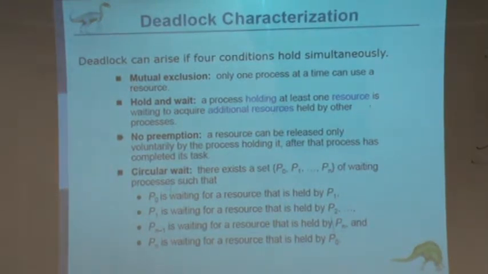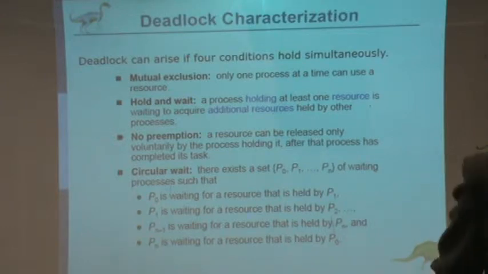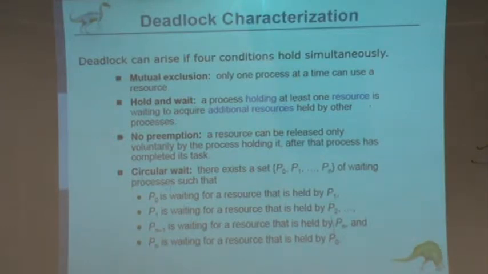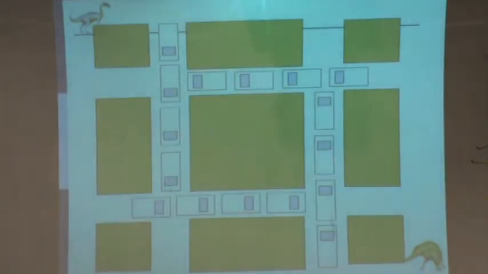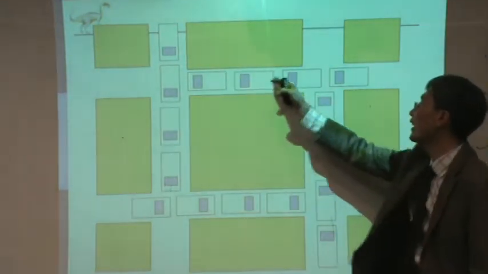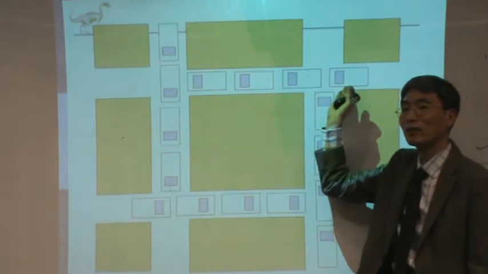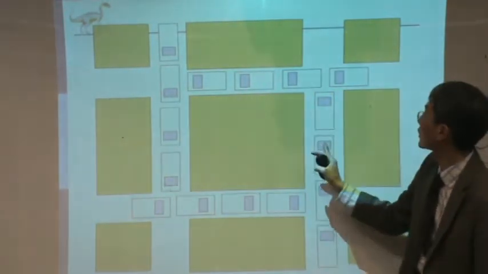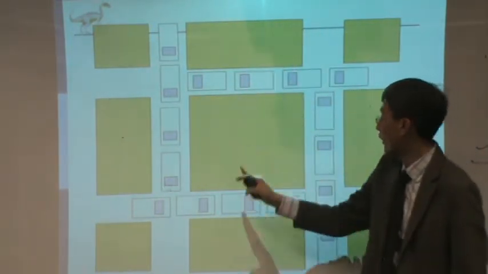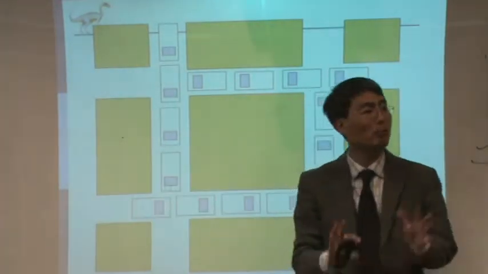It's greedy. If I keep the current resource, I never release it. Just like in this case, this lane cannot back up. If it could back up, this lane could go through, and there might be no problem.